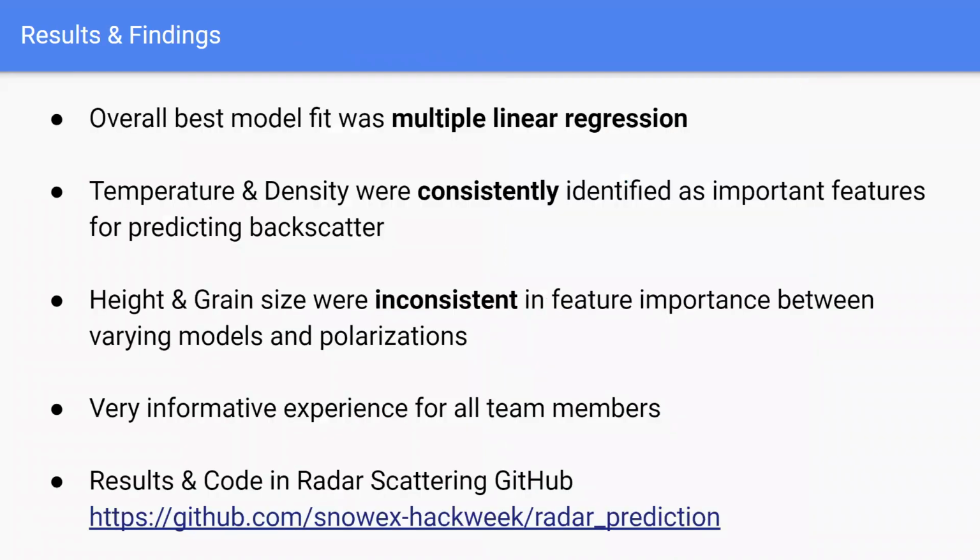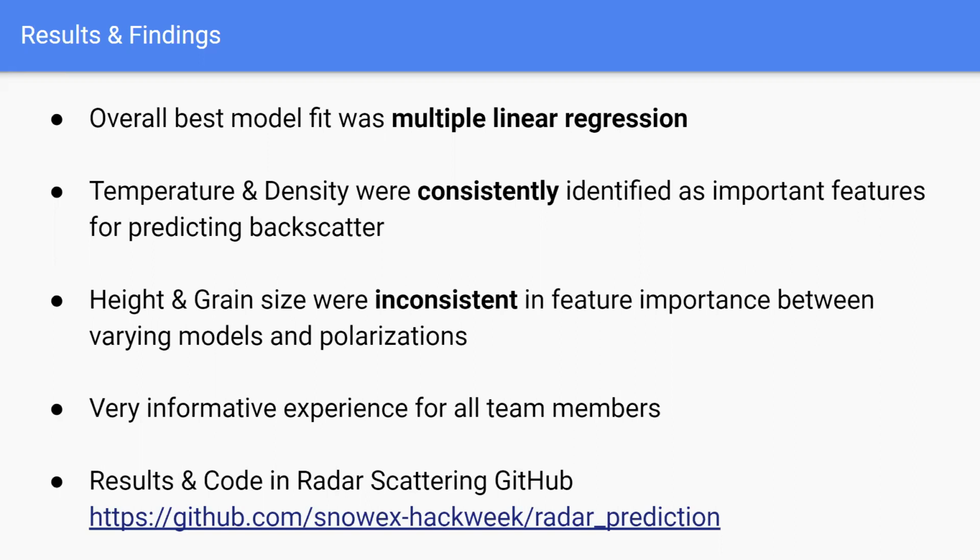Our final results were not necessarily the most conclusive, but there was a lot left to do. It's almost like we were only here for three days. The best model fit was the multiple linear regression, and we were able to identify temperature and density as the variables with the most influence for predicting backscatter.